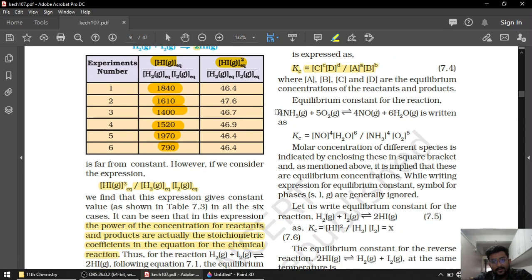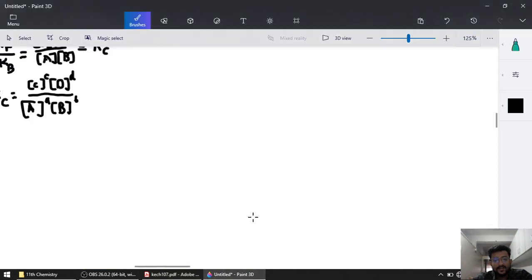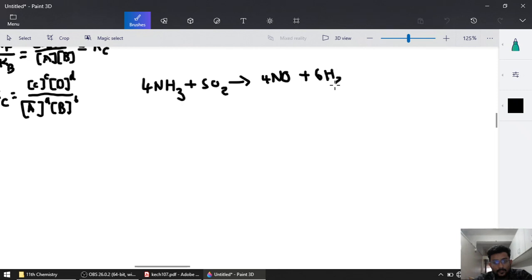Now they have given us this reaction: 4NH3 plus 5O2 gives us 4NO plus 6H2O. What will be the Kc for this reaction? It is very easy.